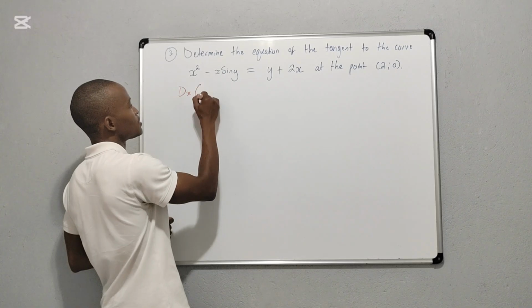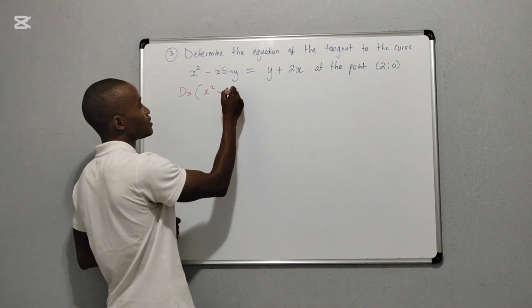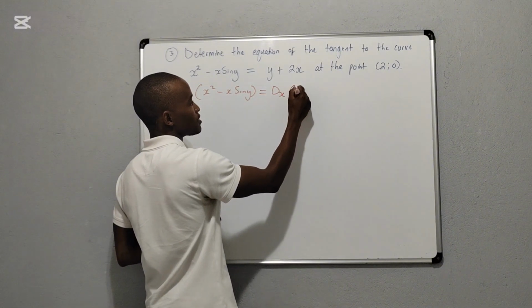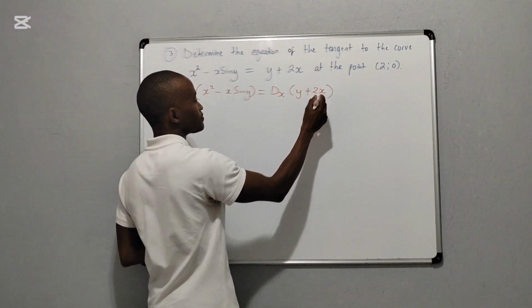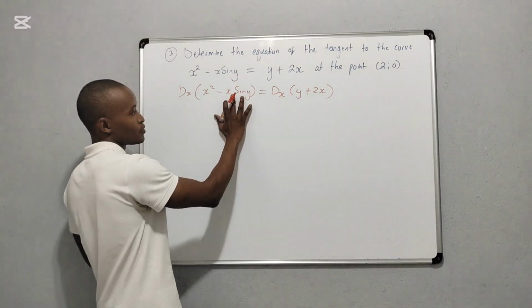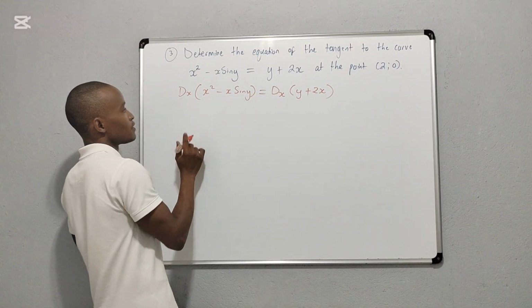So let's differentiate the left and differentiate the right hand side. It's a difference of functions there, but it's a product rule there, and we need to be careful with that.